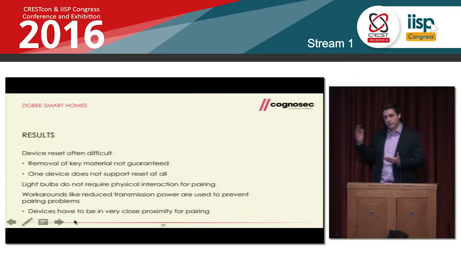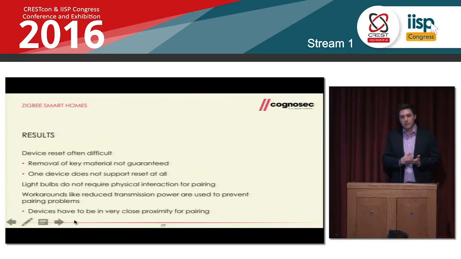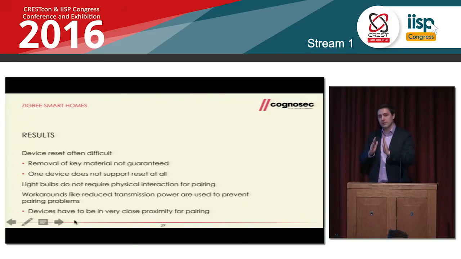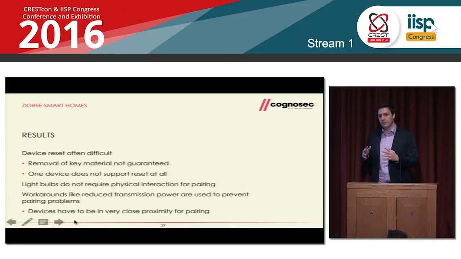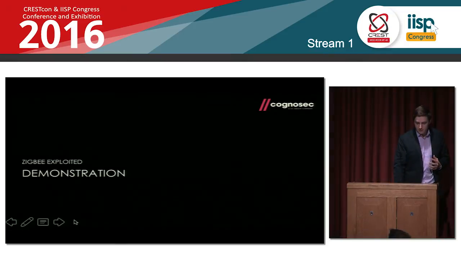So they reduce transmission power for these kind of features. So we'd have to be in very close proximity to actually reset them and join them again. This is very inconvenient for the usage, but they would have to apply some kind of workarounds, because they don't do the security properly.